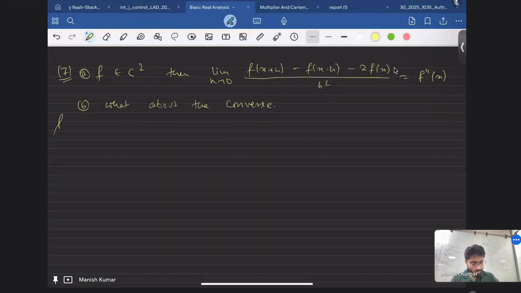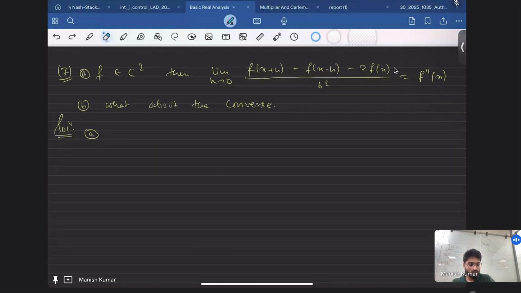If you know that your function is C2, then you have this kind of another form of the double derivative. Sir, use the definition of f double dash, then use the f dash definition. Okay, you want to go from here to here?